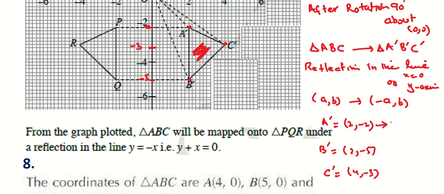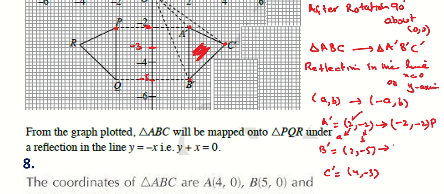After reflection, this is the value of a and this is the value of b. So change the sign of a: minus 2 and minus 2. This is P, the final answer. So the coordinates of P are (minus 2, minus 2).